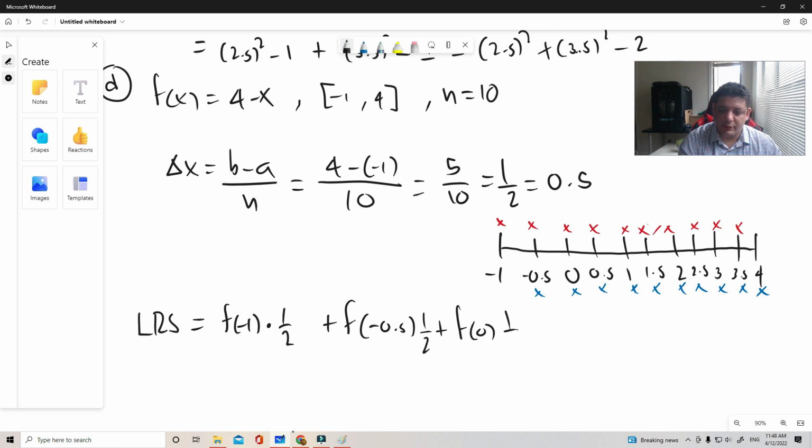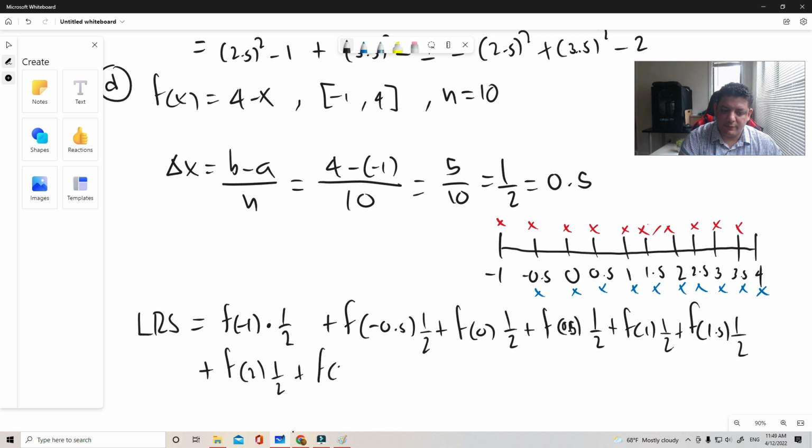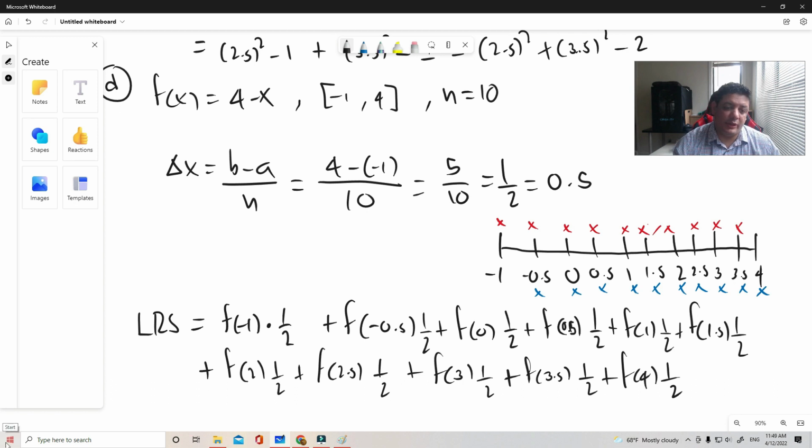Plus f of 0 times 1/2, plus f of 0.5 times 1/2, plus f of 1 times 1/2, f of 1.5 times 1/2, plus f of 2 times 1/2, f of 2.5 times 1/2, f of 3 times 1/2, f of 3.5 times 1/2, and f of 4 times 1/2. Okay, so as you can see, pretty long.